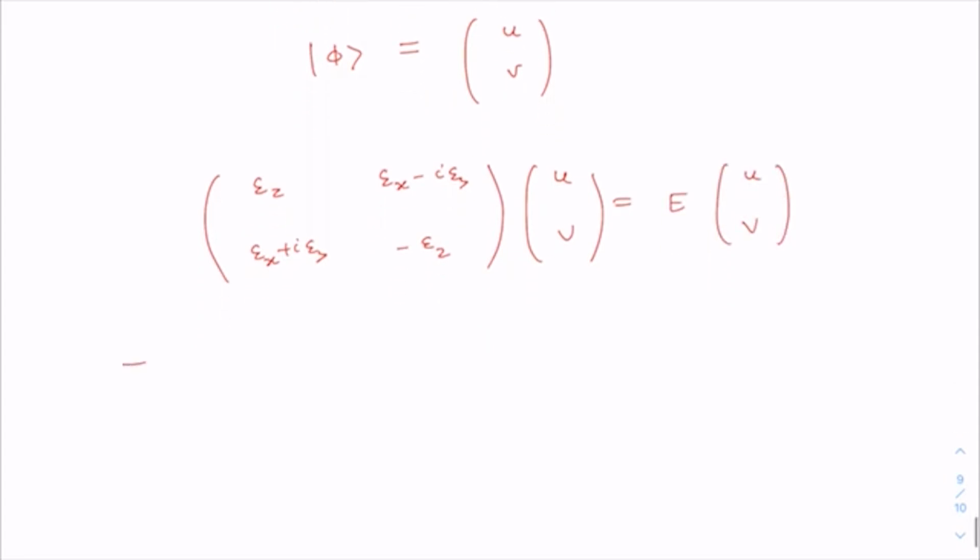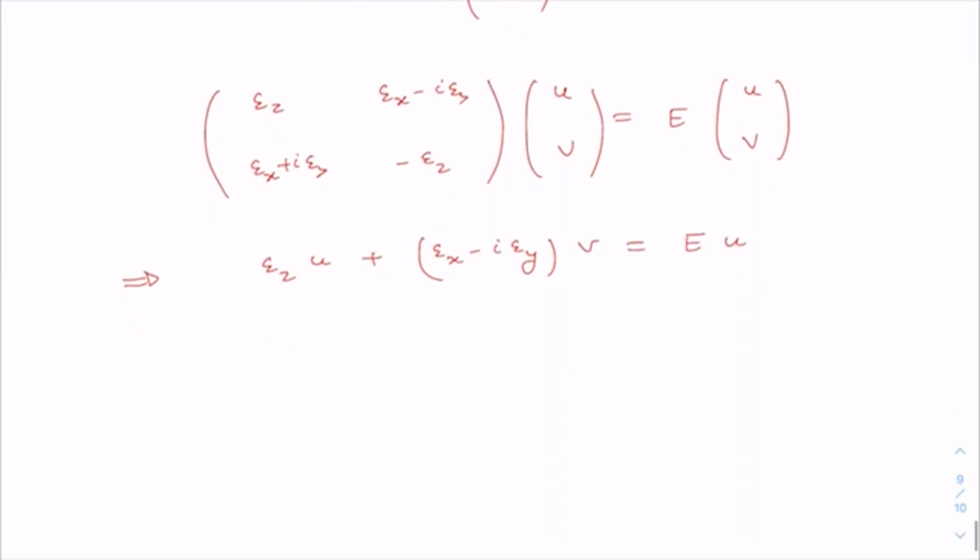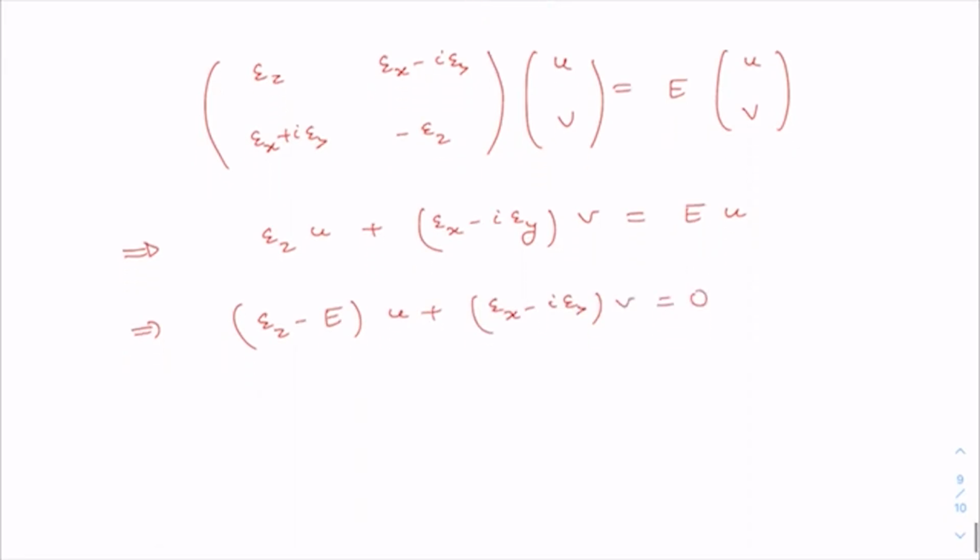From here one can easily get epsilon z u plus (epsilon x minus I epsilon y) v is equal to E u, and I can write this as (epsilon z minus E) u plus (epsilon x minus I epsilon y) v is equal to 0.